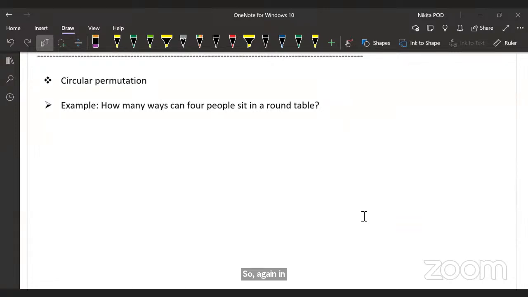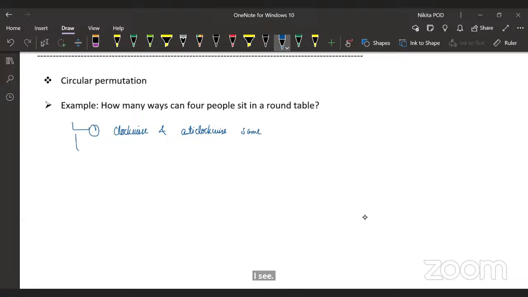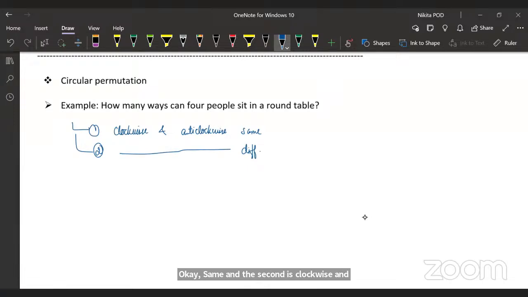One is where clockwise and anti-clockwise are the same, and the second is where clockwise and anti-clockwise are different. So again, you have two possibilities.